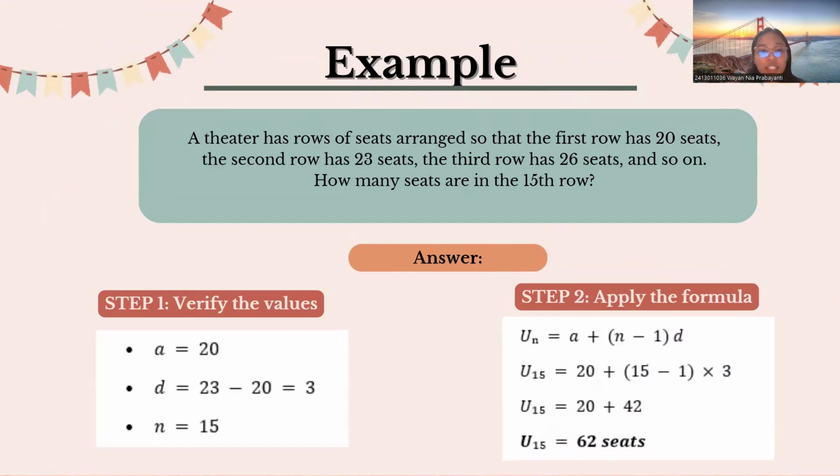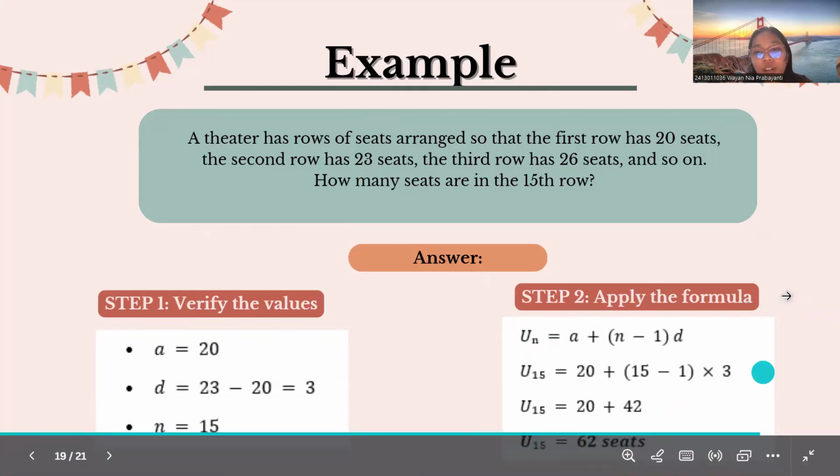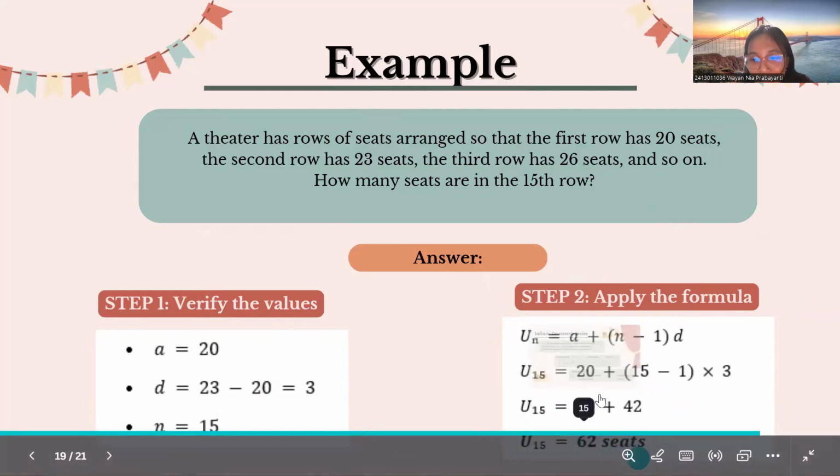A is 20, D is 3, and N is 15. The next step, we apply the arithmetic sequence formula. After operating like this, we get that the 15th row has 62 seats.